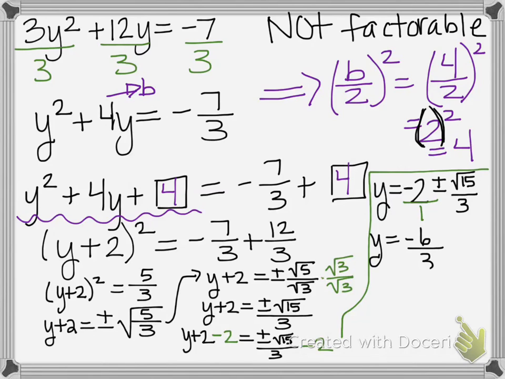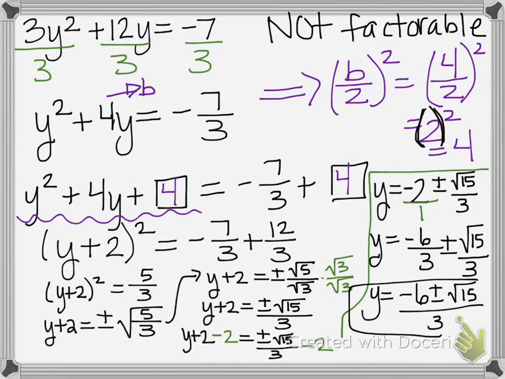So that's going to become negative 6 over 3 plus or minus square root of 15 over 3, which I can combine as negative 6 plus or minus square root of 15, all over 3. So you can see I get the same two irrational solutions that I got on the other page when I did the quadratic formula. So I can be confident that my answers are correct.